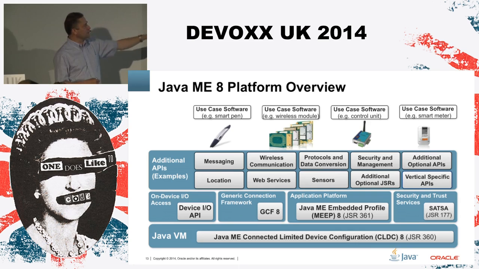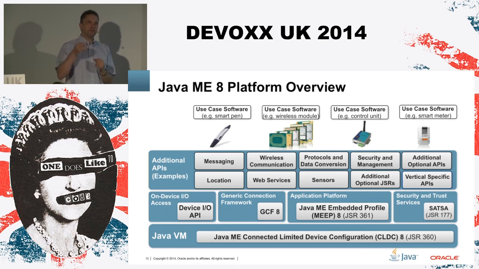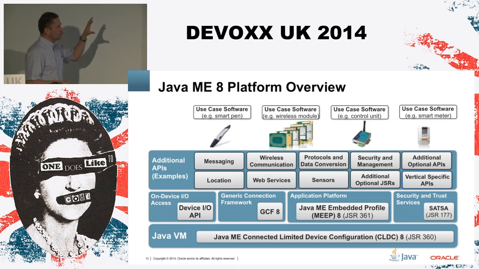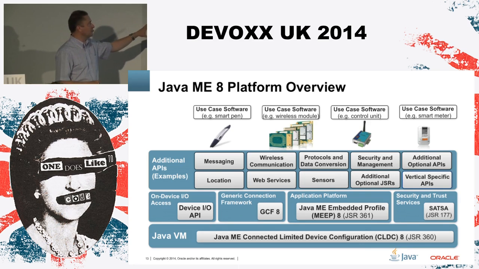Another big thing that we've introduced in Java ME 8 is this device I/O API, because moving away from mobile phones and towards embedded devices, we need support for the standards that are used for connecting devices. There's things like GPIO, I2C, SPI. That's all covered by the device I/O API.